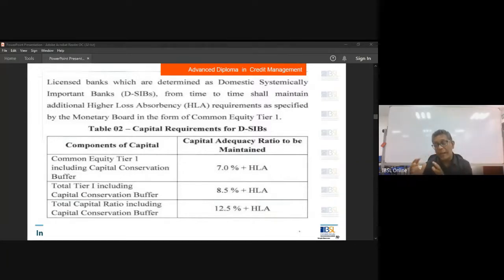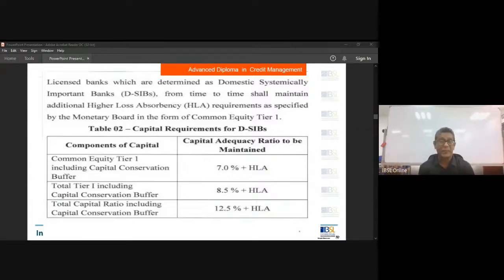So the central bank pays more attention to these banks rather than other banks. That is why they add a higher loss absorption percentage to those banks.